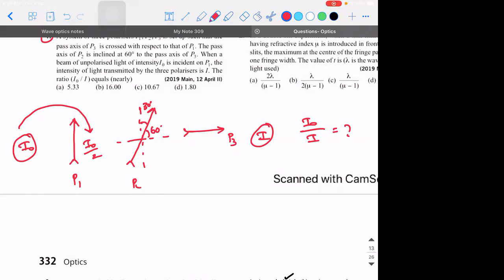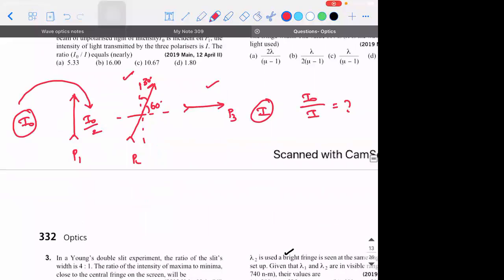After the analyzer only Malus law comes. So this is the first analyzer, this is the second analyzer. If I call the intensity of transmitted light I dash here, I dash will be equal to I0 by 2 times cos square of theta. What is the value of theta I need to take? Theta is the angle between the pass axis of the first polarizer and the second polarizer.